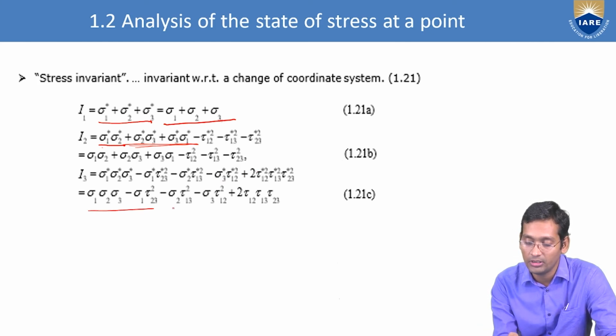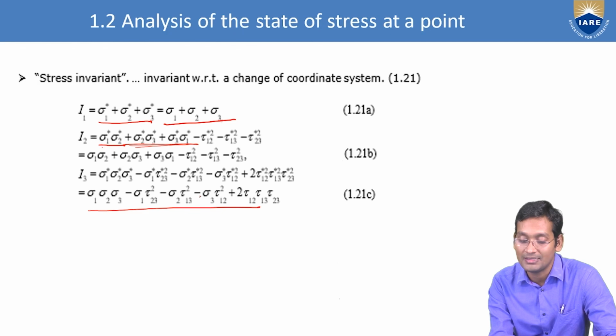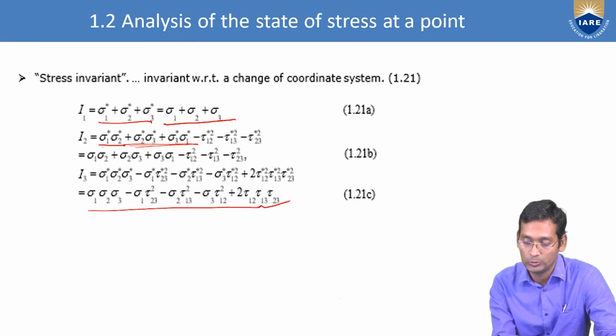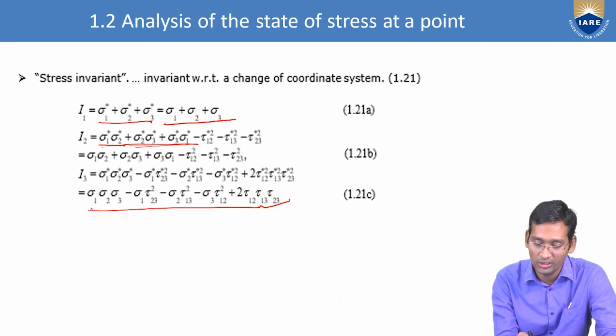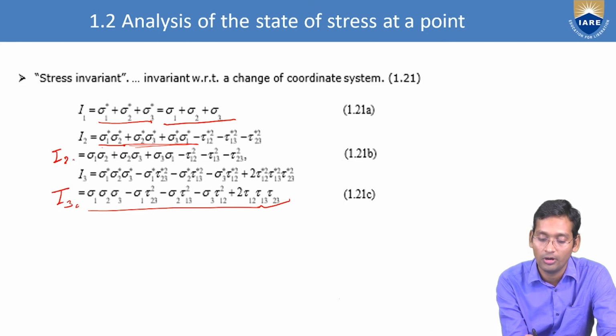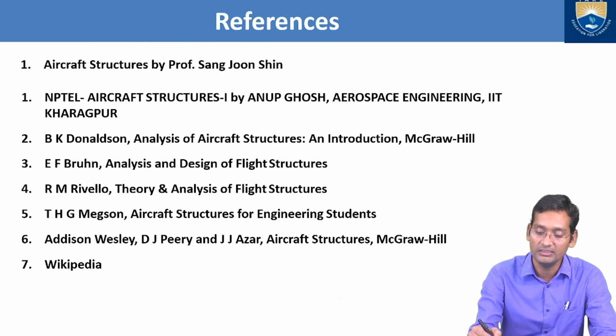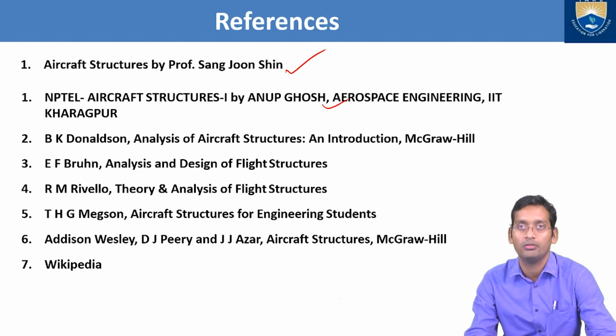So finally what we will get: sigma 1, sigma 2, sigma 3, minus sigma 1 tau 2 3 square, minus sigma 2 tau 1 3 square, minus sigma 3 tau 1 2 square, plus 2 tau 1 2 tau 1 3 tau 2 3. So this will be the final for I3, this will be for I2, and this is the I1.